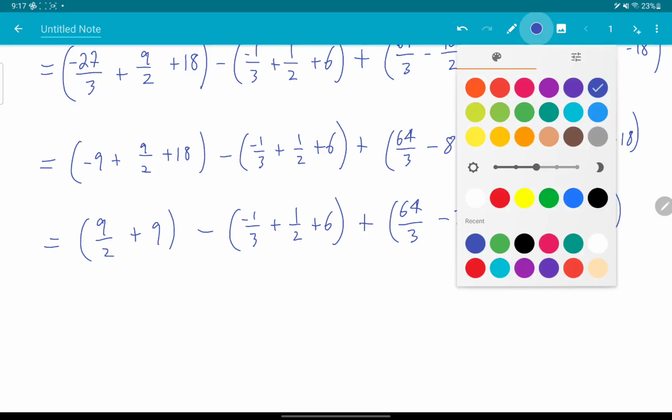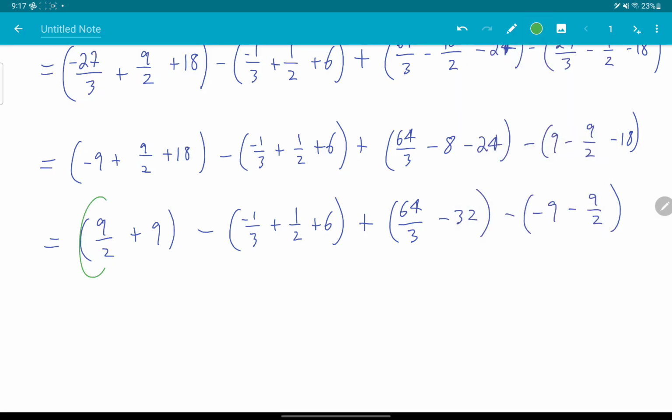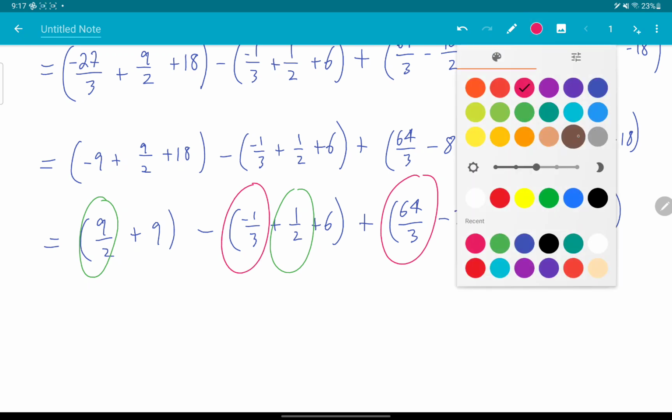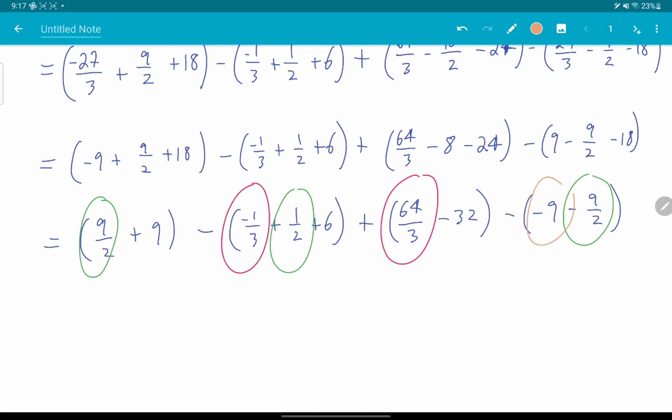Okay, so I have some buddies here, which I'll put together. I got denominator 2, denominator 2, denominator 2, and I got denominator 3, denominator 3, and then I also have the constants.